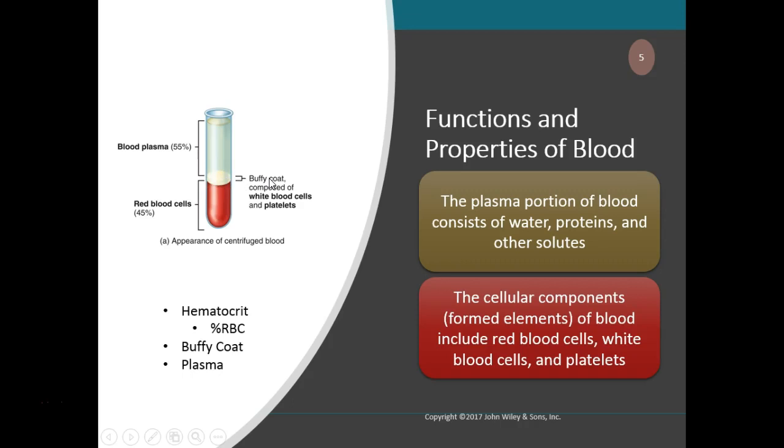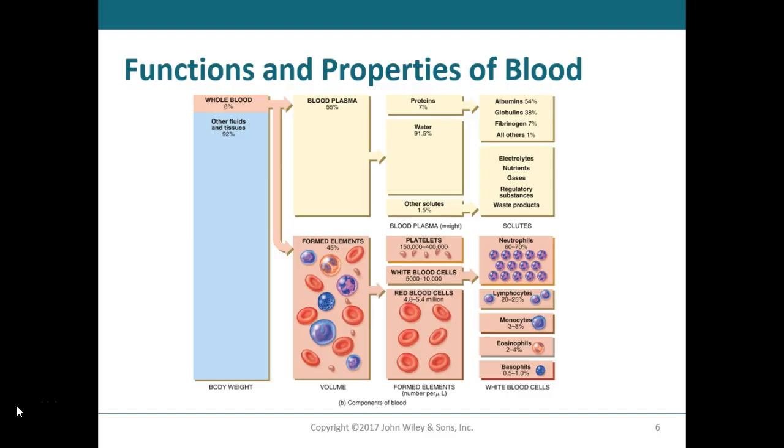That is called the buffy coat, and that's where your white blood cells and your platelets will accumulate when that blood is spun. So remember, your erythrocytes, your red blood cells, are the heaviest, so they're going to sink to the bottom. Your plasma is the lightest, so it will be at the top, and the buffy coat is between the two.